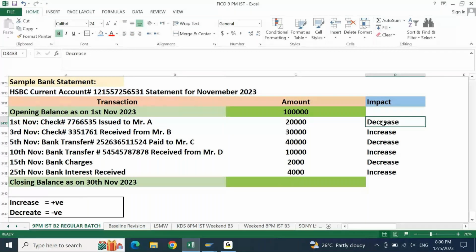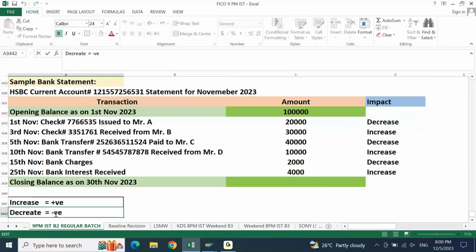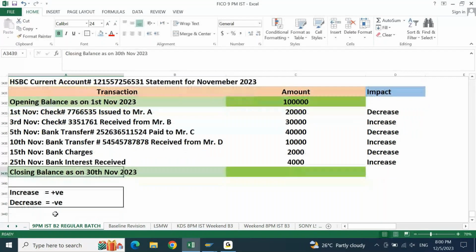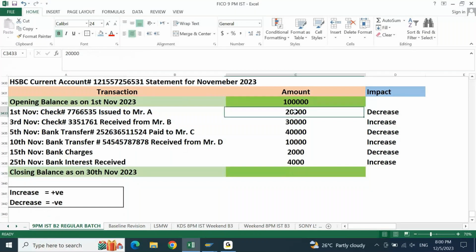Anything which is decreasing the bank account balance, you are going to write a negative number. This is your decrease. I am going to put a negative sign here. I am going to write minus 20,000 here.